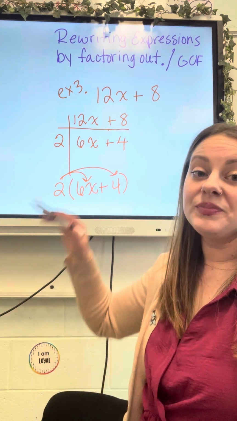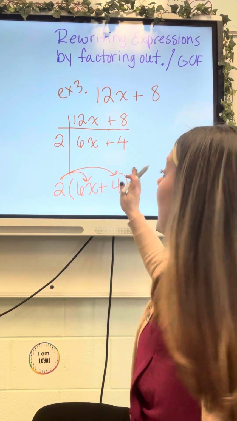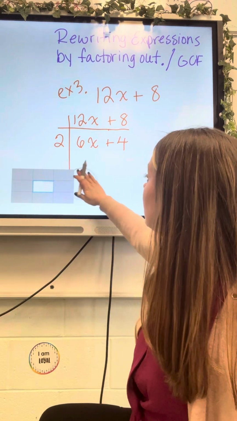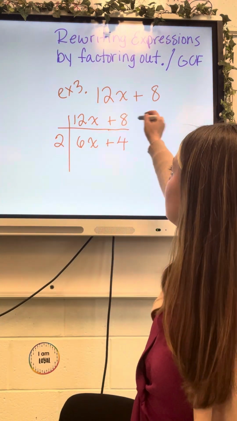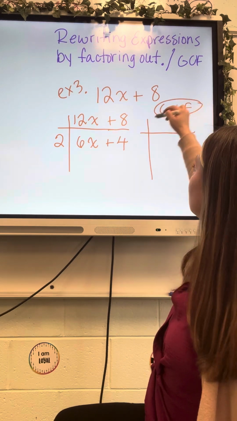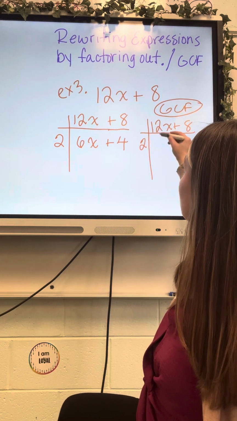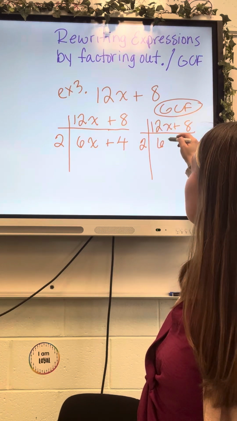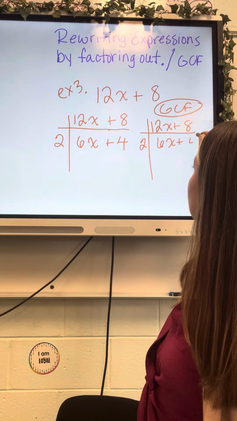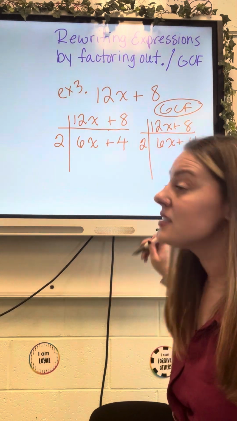Now, this is not my GCF, but if I wanted to do the GCF, I would just keep going, okay? 12x plus 8. I'm going to drop down my 2, or you could have just taken out the 4, whatever works for you, right? Look at my 6 and my 4. Can I reduce that? Yes.